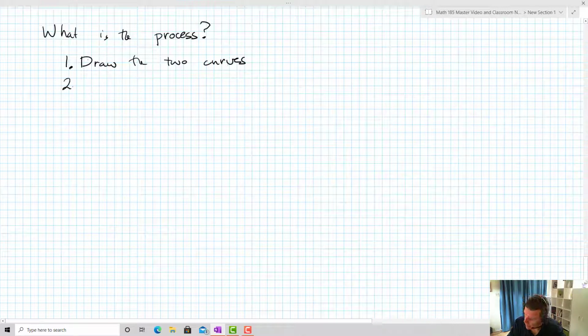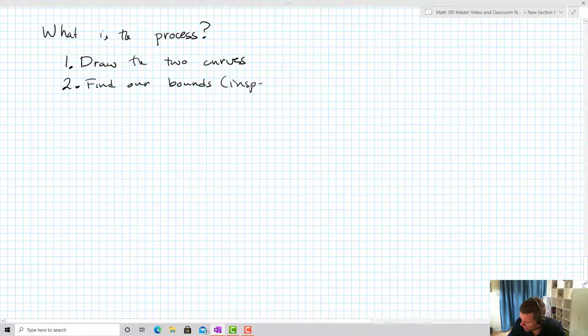Then 2, we're going to find our bounds, either by inspection, if we can do it that way, or by setting the two curves equal to each other.